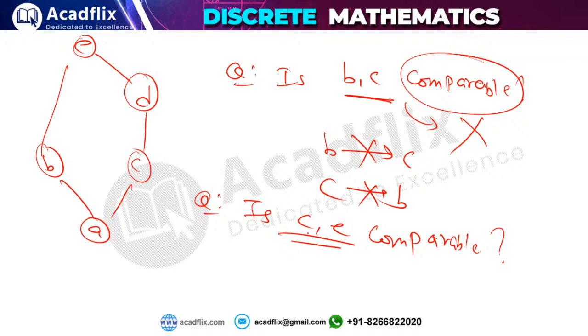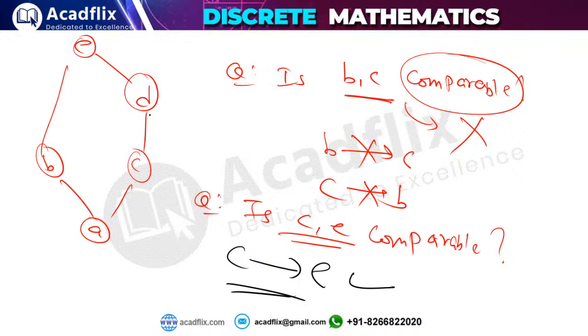Yes, C, E are comparable. Don't forget that transitive edges are there, but we are not showing them. Actually, C is related to E because of transitivity.